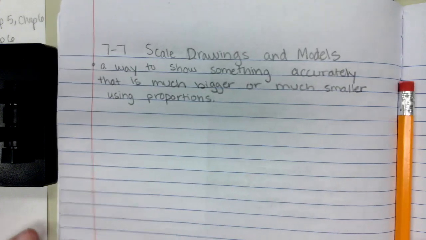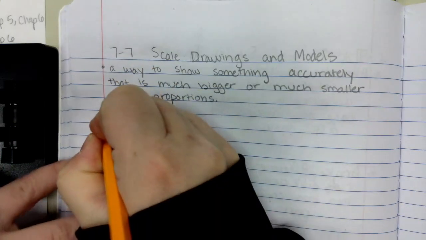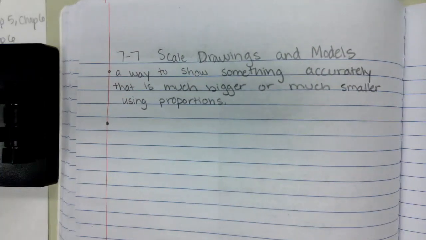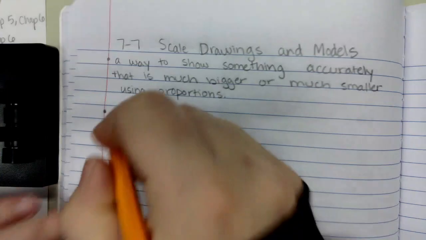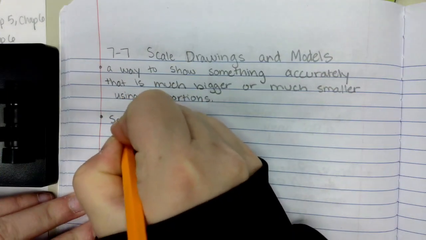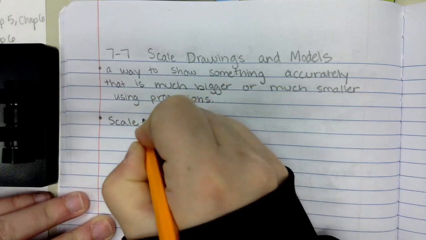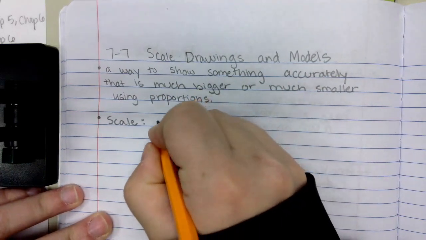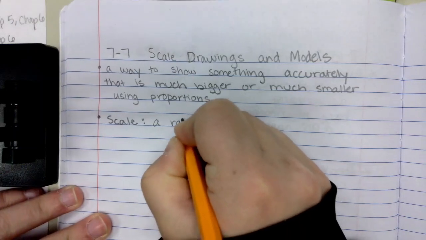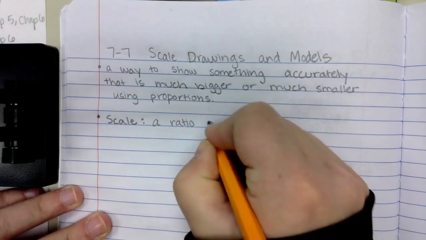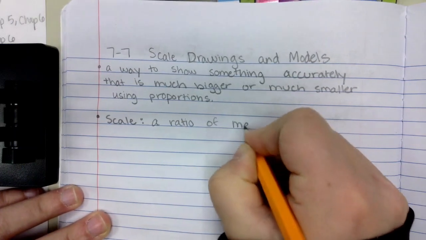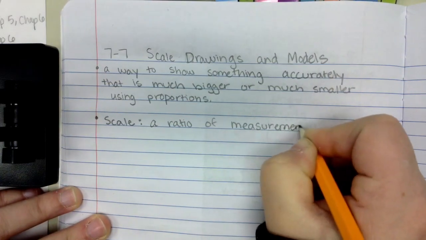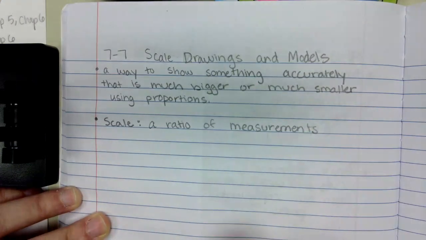Okay, so as we go today, we have a couple other important words. We have a scale. And scale is a ratio of measurements. So it's just our ratio, how we compare.